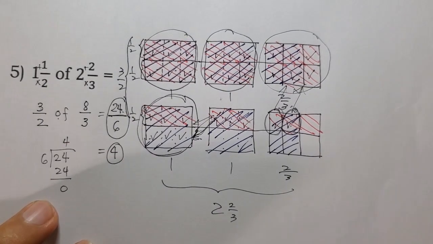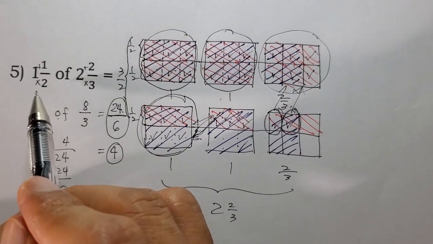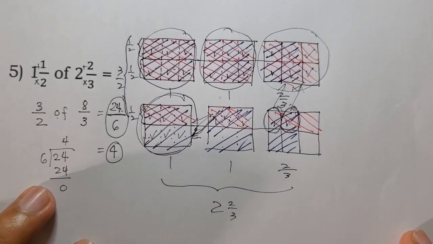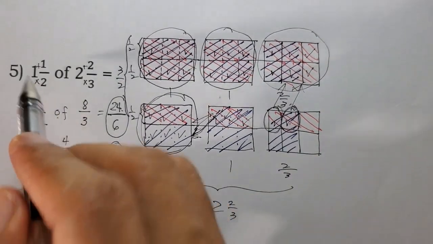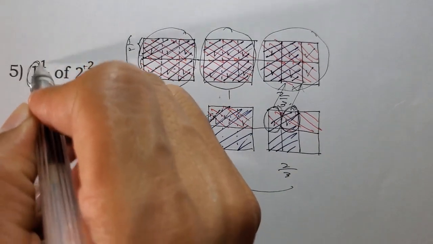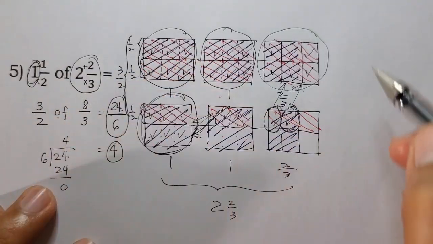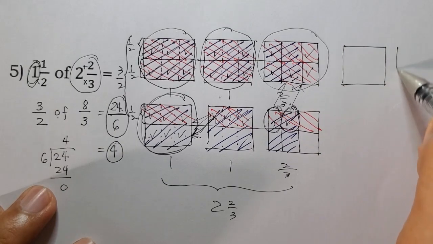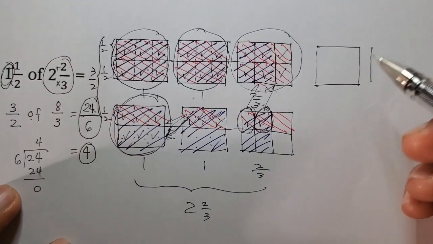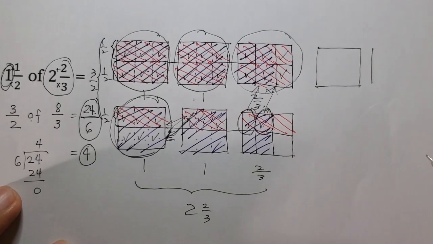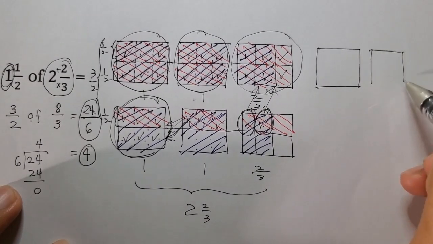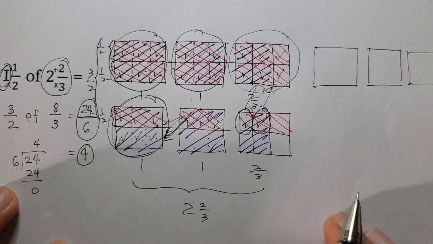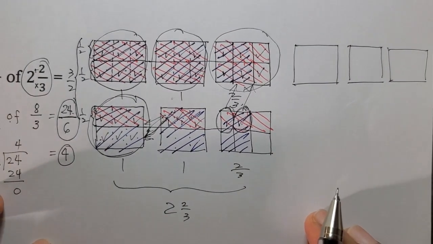Another way of solving this one is when we say 1 and 1/2 of 2 and 2/3, we could also have first one part of 2 and 2/3 first. So it simply means that if you will have to illustrate 2 and 2/3 first, let me move my paper. So that's 2 and 2/3. Okay, 2 and 2/3.